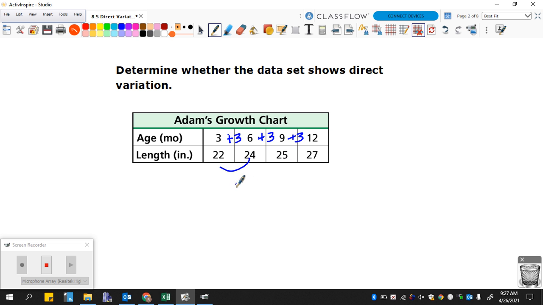22 to 24 is plus 2. 24 to 25 is only plus 1. 25 to 26 is plus 2.